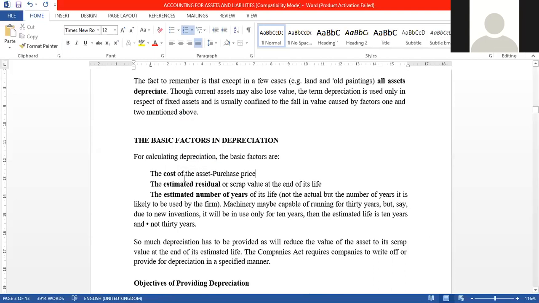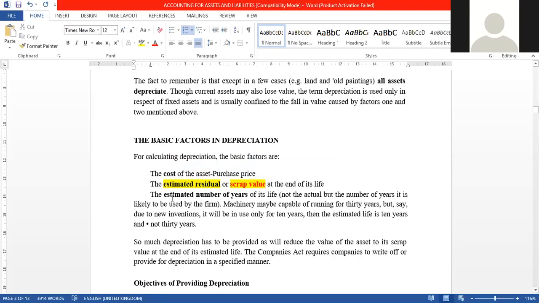Number two, we have the estimated residual value. It can either be called residual value or scrap value at the end of its life.